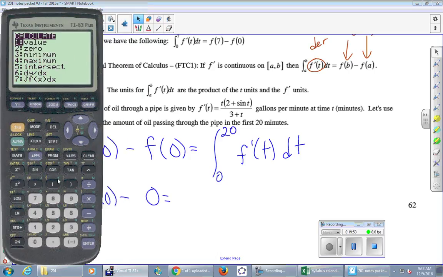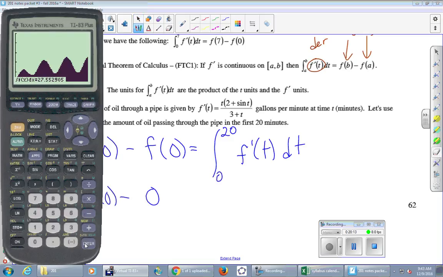Okay, second calc, number 7, 0, enter, 20, enter. Almost feel the oil flowing through the pipe. It's even black, isn't that great? All right, so 27.55. Let's get some units here.